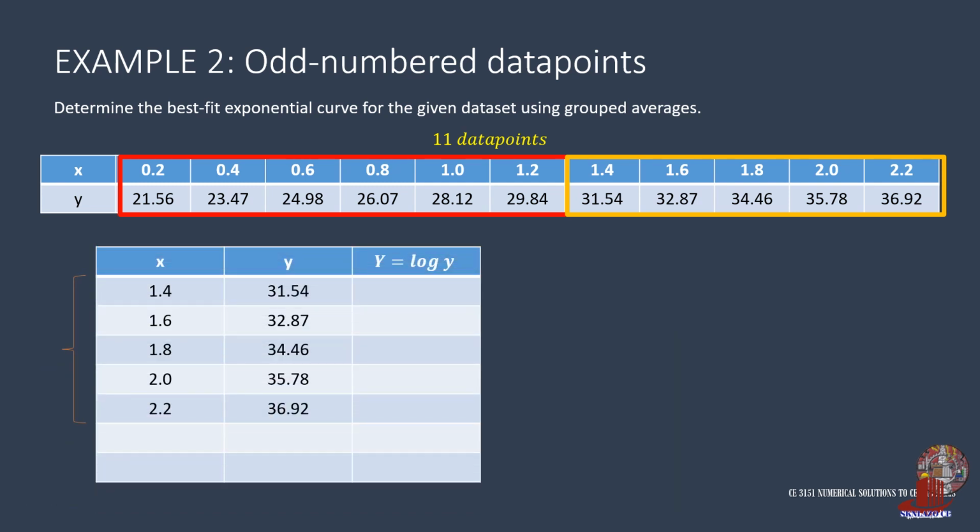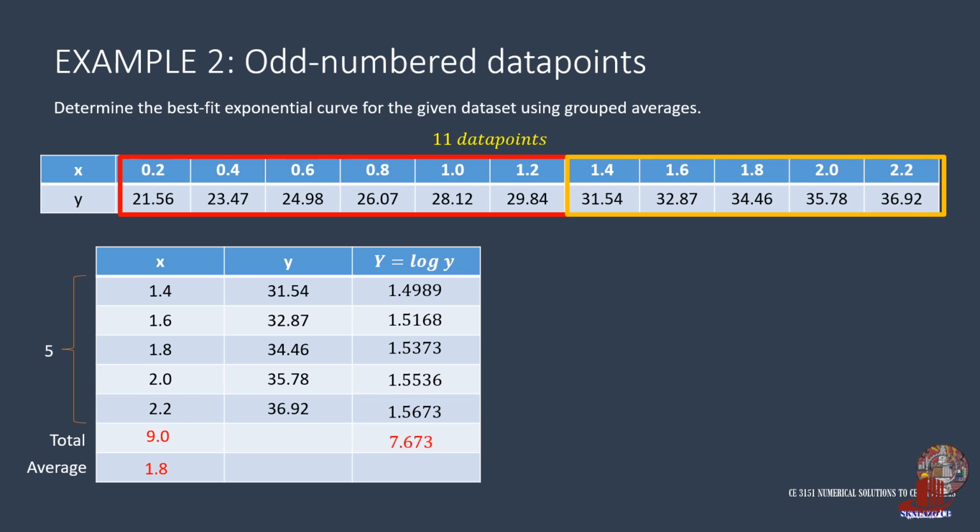For the second group, x values start at 1.4 all the way down to 2.2. The summation of x is 9, and the average is 1.8. The values of capital Y are solved as 1.4989, 1.5168, 1.5373, 1.5536, and also 1.5673, all of which are solved as the logarithm of y.